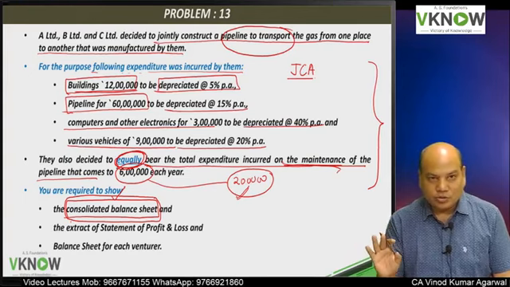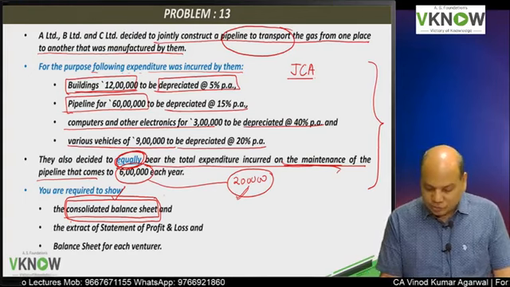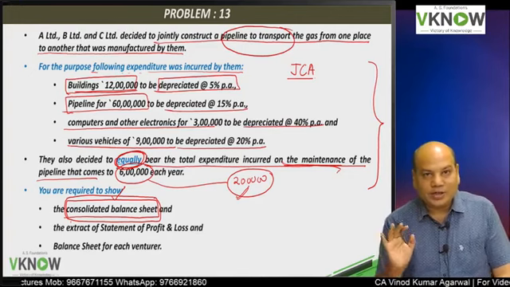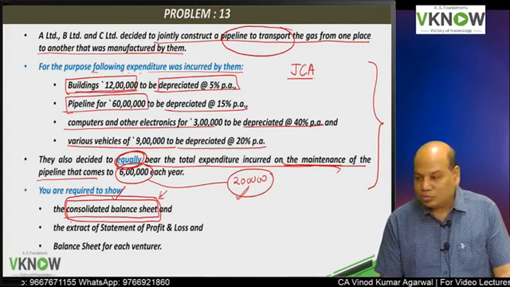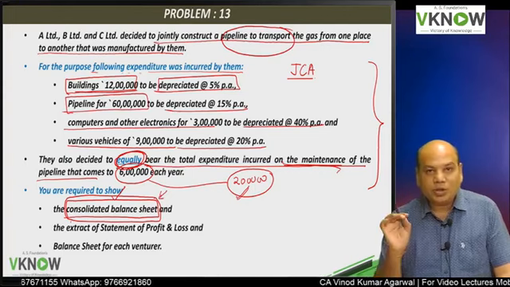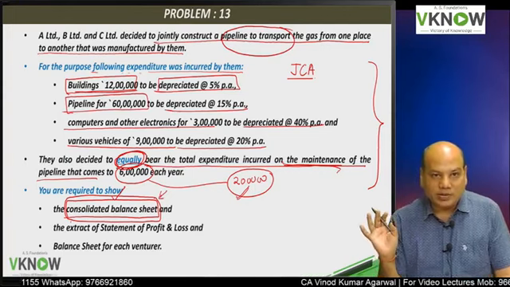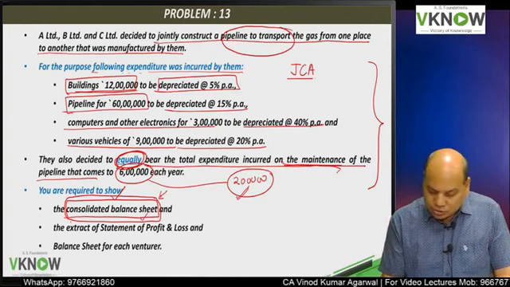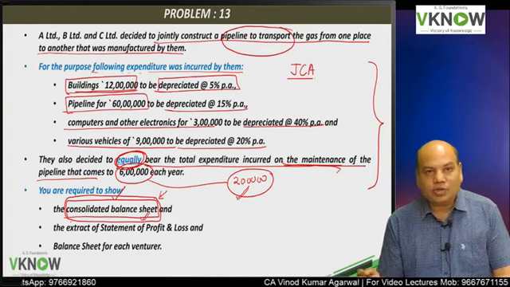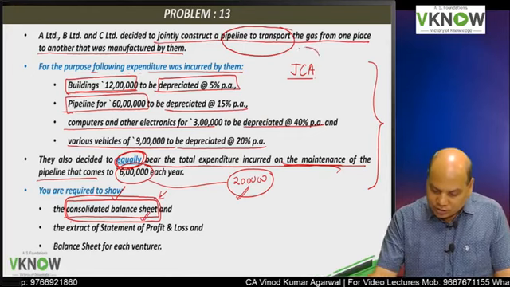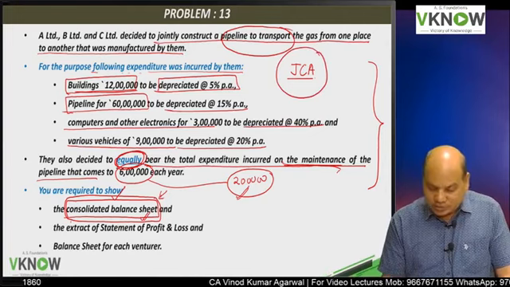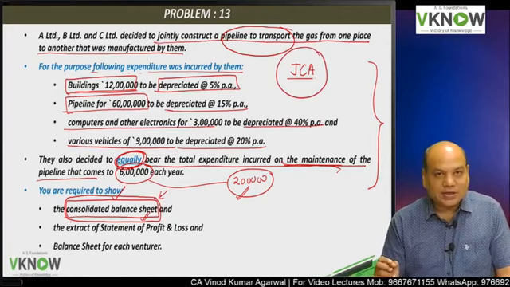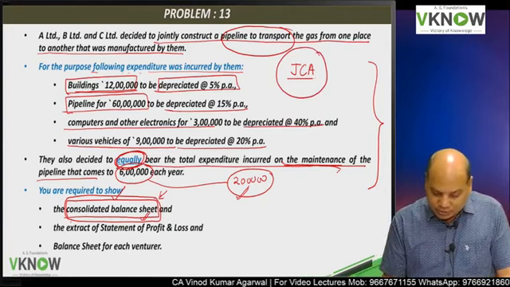In this question, there is no parent, no subsidiary, and no new entity is created also. So this question itself is wrong, or they could have simply written memorandum consolidated balance sheet, because there is no balance sheet as such of the joint venture. It is a jointly controlled asset, no new entity is created. Still, whatever assets are there, we will write it.